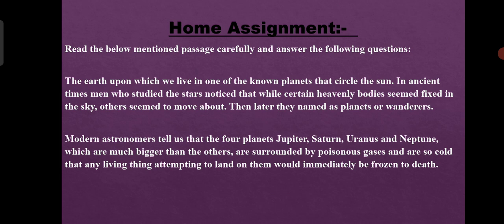Modern astronomers tell us that the four planets, that is Jupiter, Saturn, Uranus and Neptune, which are much bigger than the others, are surrounded by poisonous gases and are so cold that any living thing attempting to land on them would immediately be frozen to death.